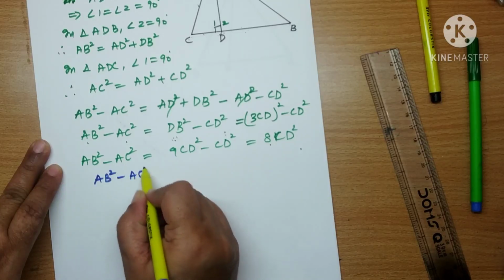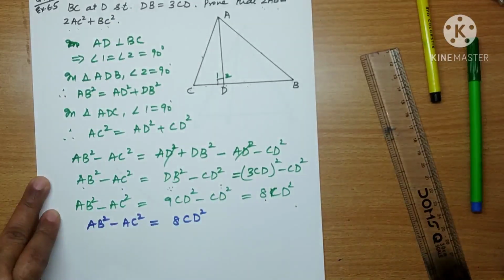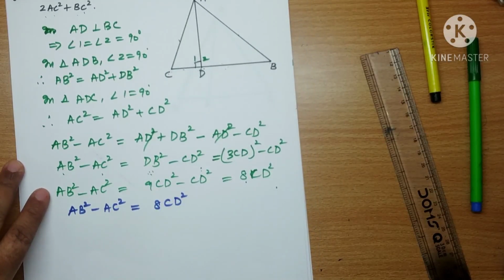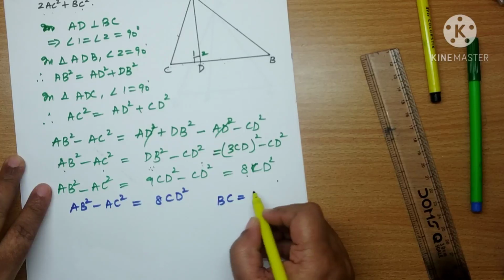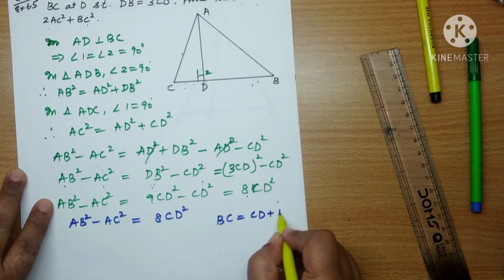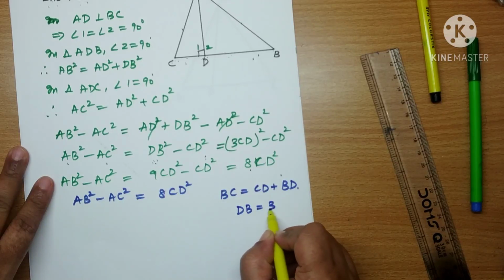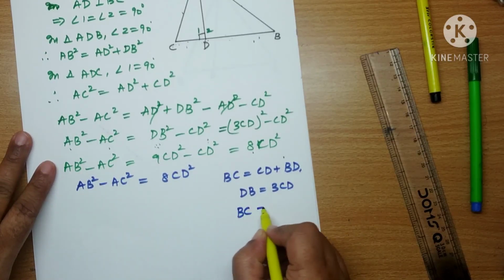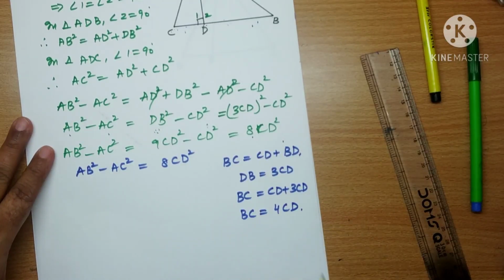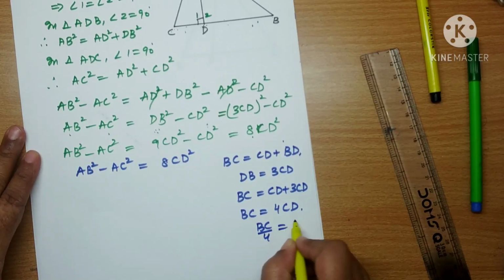But in place of CD, we want BC. Because in the relation we are trying to prove, we have BC, we do not have CD. Now how do we get BC? BC is CD plus BD. Now what is given is DB is 3CD. So if I use it, BC is CD plus 3CD. So I get BC is 4CD. So BC by 4 is CD.